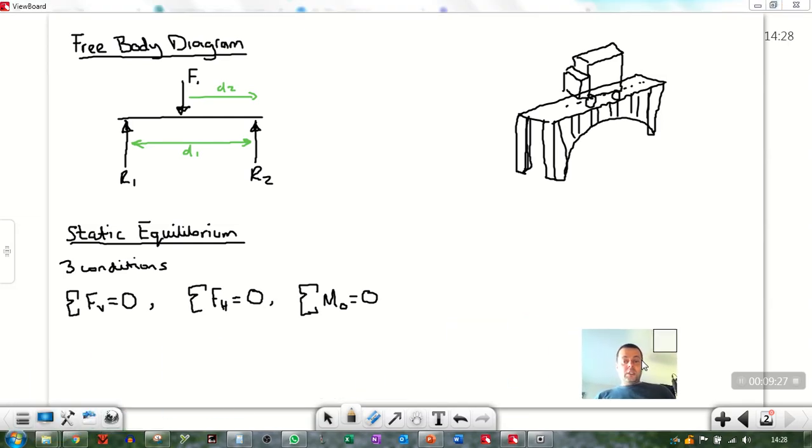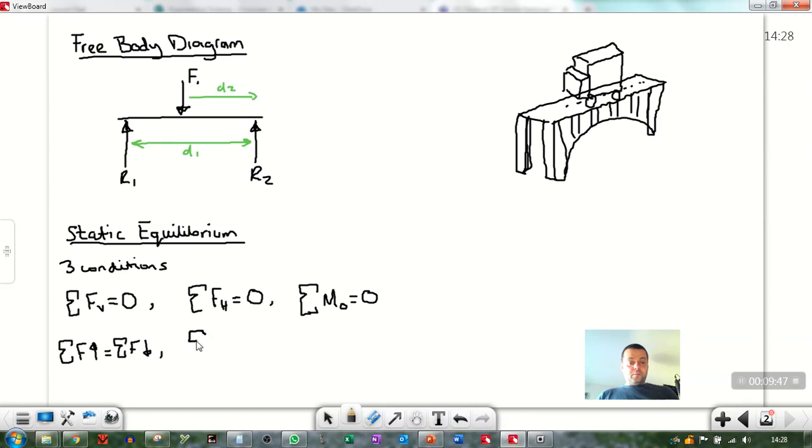And there's a different way that you can write these. So that's my first take, but a more simplistic way would be to say the sum of all the upwards forces must equal the sum of all the downwards forces, and the sum of all the rightwards forces must equal the sum of all the leftwards forces.